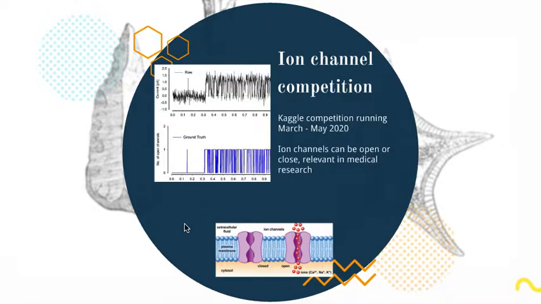The goal of the competition was to take this signal and predict the number of open channels, to eventually replace the manual process of having to convert this signal into a number of open channels.